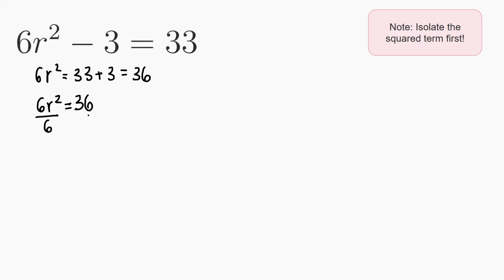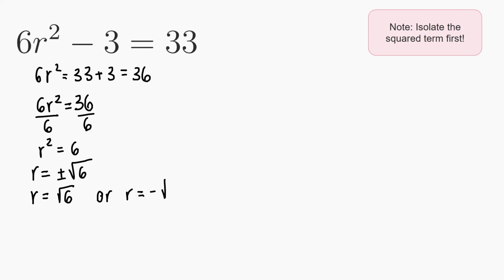Let's divide both sides by 6, and we get r squared is equal to 6. Now, we can use the square root property to give us r equals plus or minus the square root of 6. There's nothing to further simplify, so we know that r equals positive square root of 6, or r equals negative square root of 6.